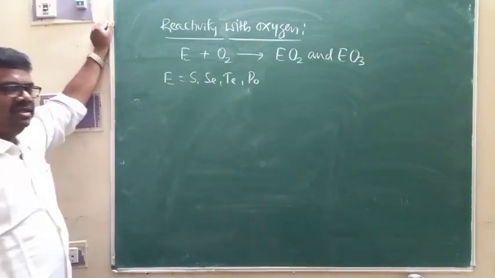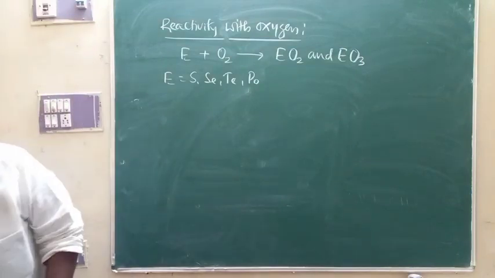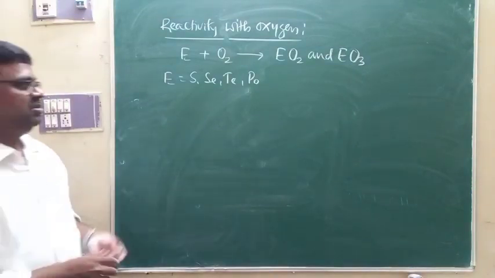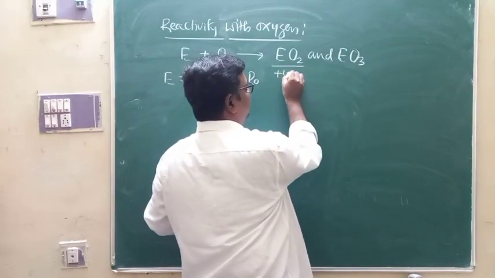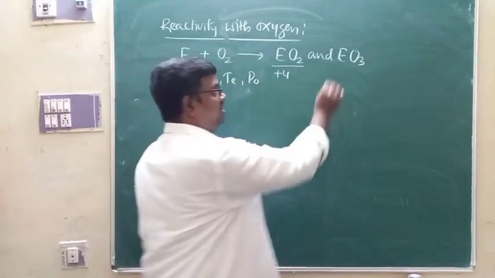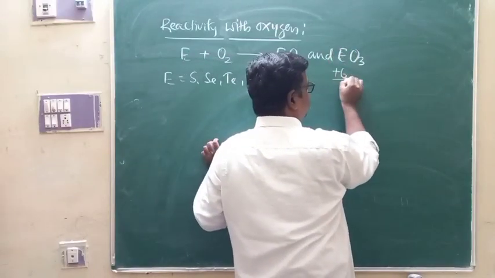This is what we call reactivity there. Group 16 elements react with oxygen to form EO2 type, where the oxidation number of the central atom is +4, and EO3, where the oxidation number of the central atom is +6.